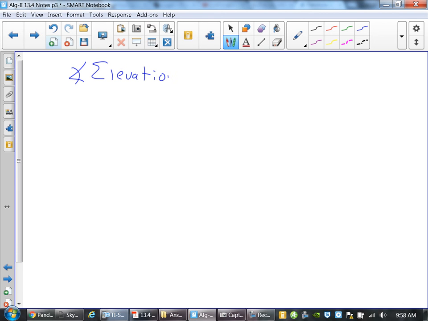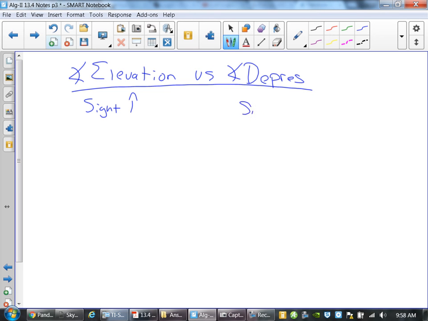Just for a refresher, do you remember the difference between angle of elevation and angle of depression? Angle of elevation is line of sight up, and angle of depression is line of sight down.